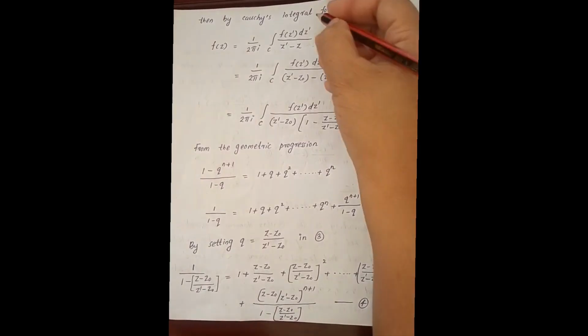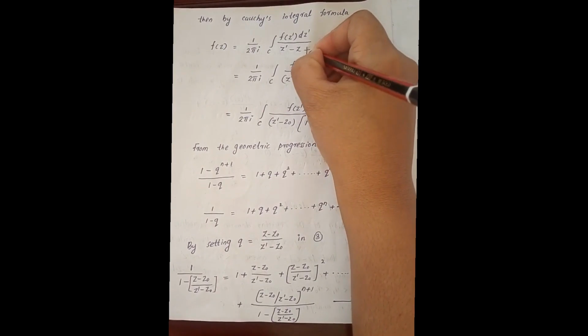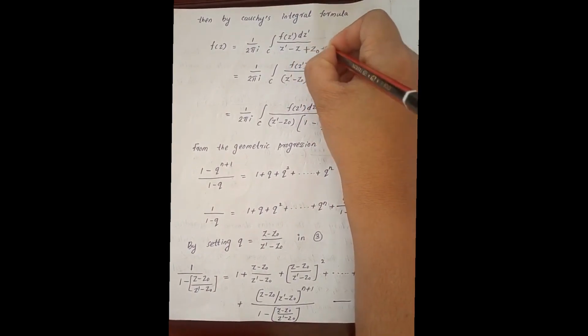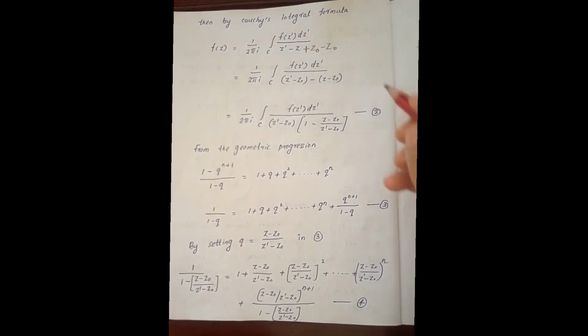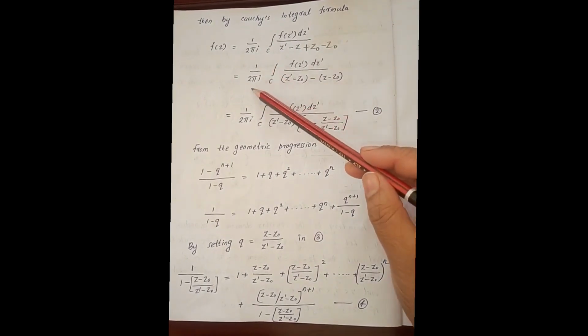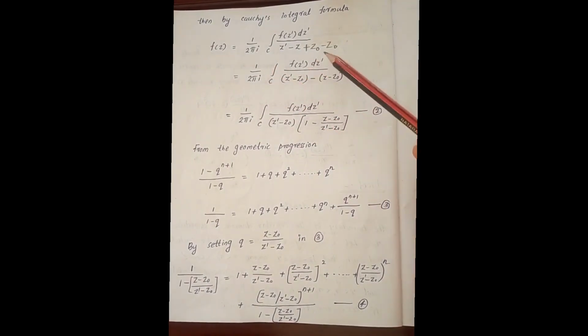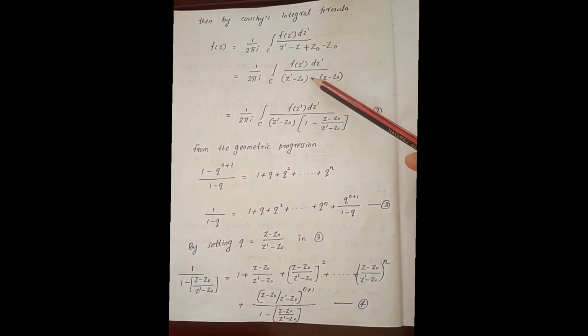Now we can add and subtract z0 here. Then we get 1/2πi ∫C f(z')dz'/(z' - z0 - z + z0), or minus of (z - z0).